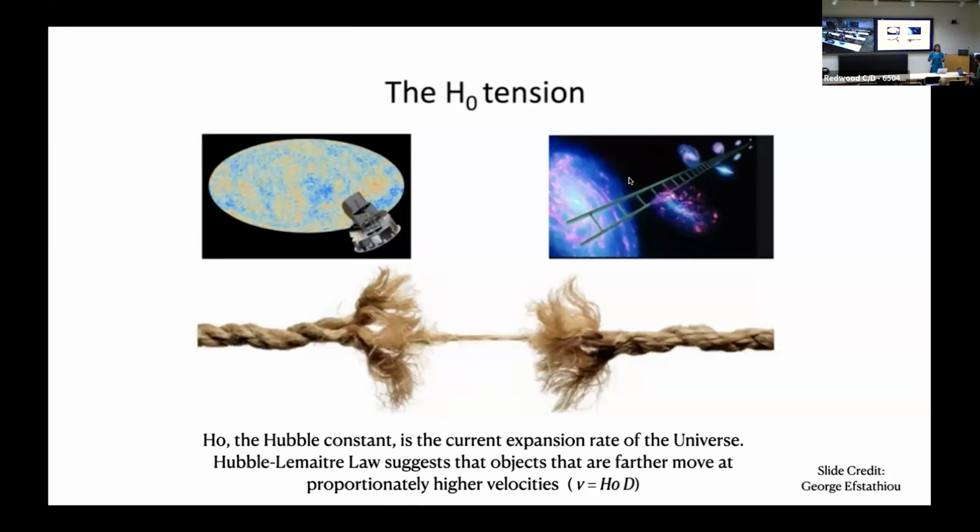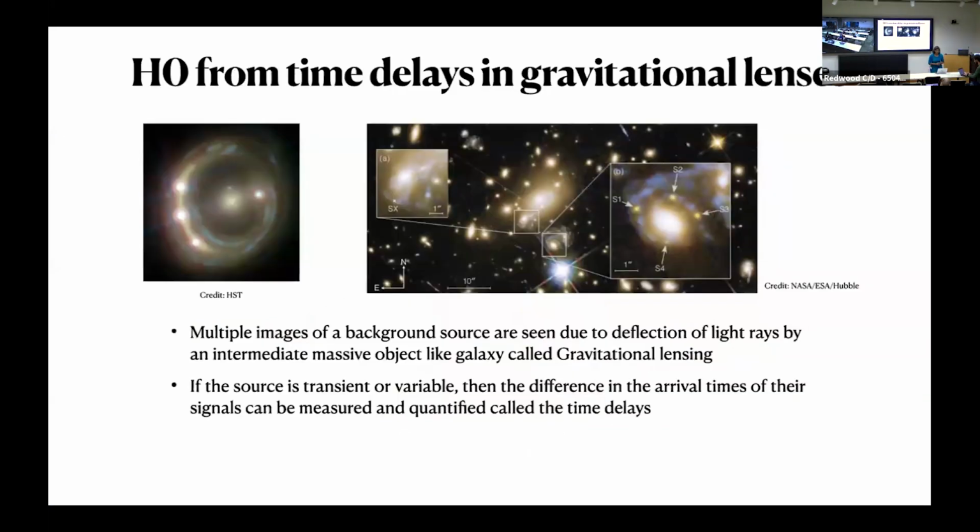Right, so very briefly, we've heard about the tension in H0 in the last few years between early universe probes and late universe probes, and we would like to have more and more independent methods that can constrain H0, especially to get a better hold on the systematics from different methods.